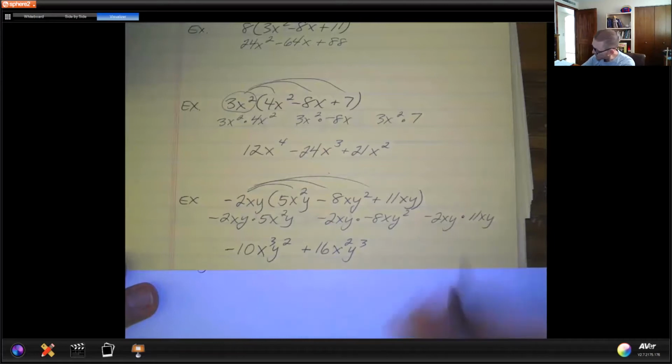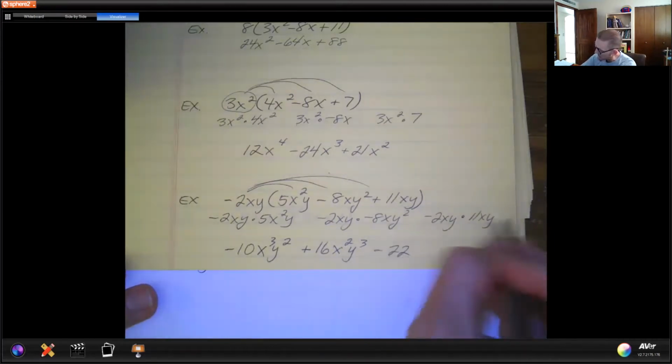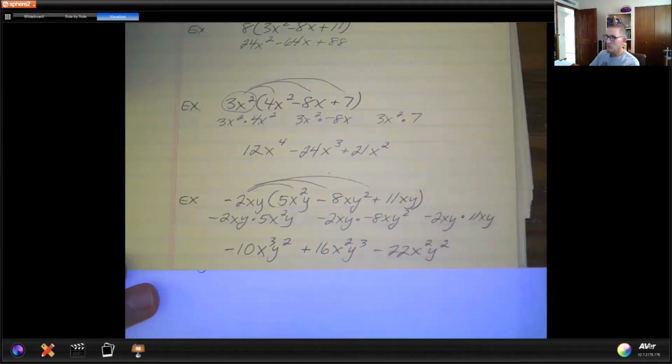And then the final one is going to be negative 22. And xy times xy is going to be x squared y squared. Make sure both the x and the y have their own exponent of 2. Nothing can combine like terms at this point because all of them have slightly different variations to their exponents. And as far as descending order is concerned, you're just going to leave it because there's no real way to know for sure which one should be first.